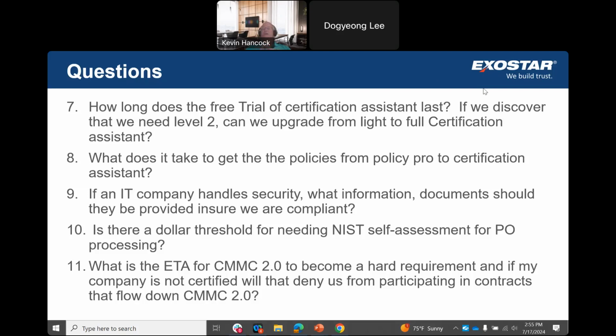So if your agreement is that they're going to be your outsourced IT and that they're responsible for CMMC compliance, then they should provide to you a complete system security plan, explain that to you, make sure that it meets all 110 controls, and that it's maintained in that manner.